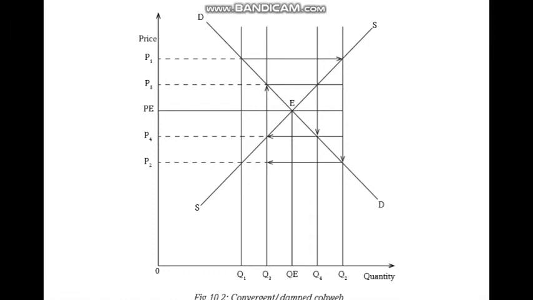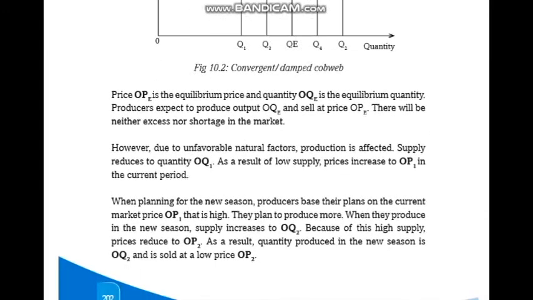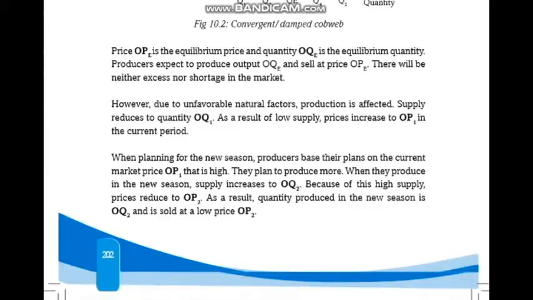Here, OPE is the equilibrium price and OQE is the equilibrium quantity. Producers expect to produce output OQE and sell at price OPE. There will be neither excess nor shortage in the market.